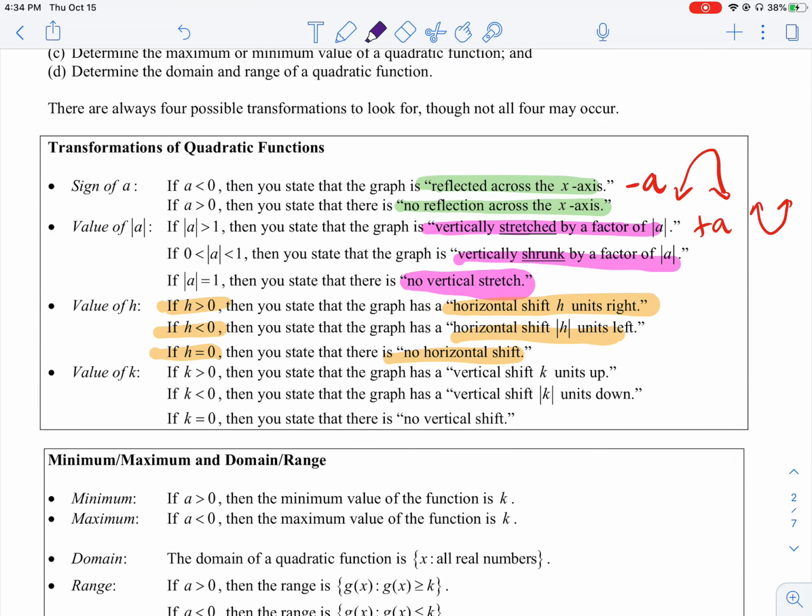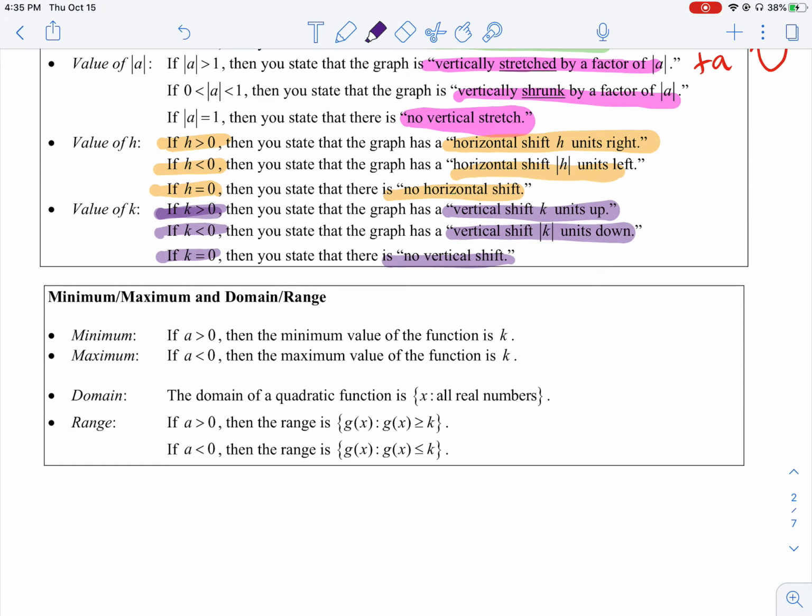Moving on, if k is greater than 0, if k is positive, your graph is going up. If k is less than 0, or if k is negative, your graph is going down by that certain unit. And if k is just 0, then you have no vertical shift.